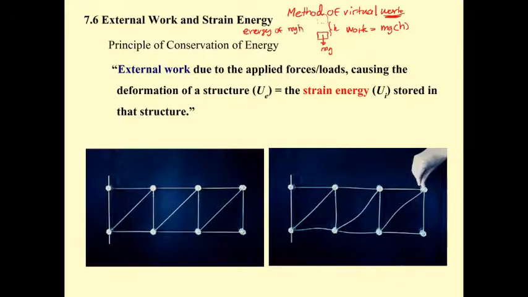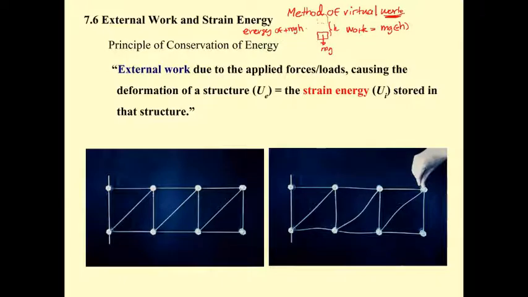However, when you move it upward, that is in the opposite direction of mg, so the work is going to be negative in this case, and the energy is going to be positive.